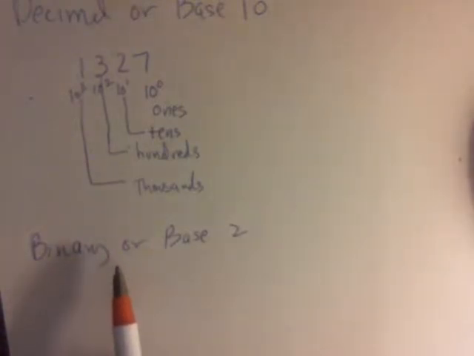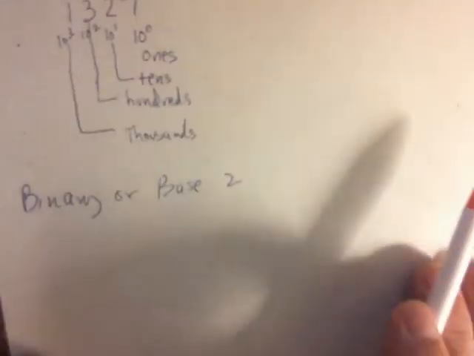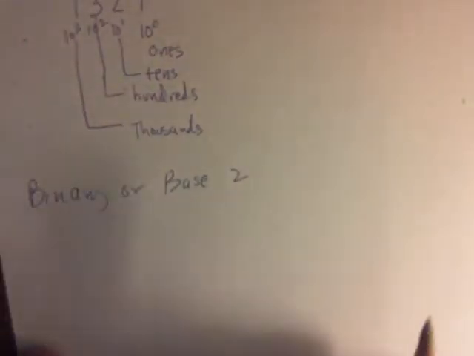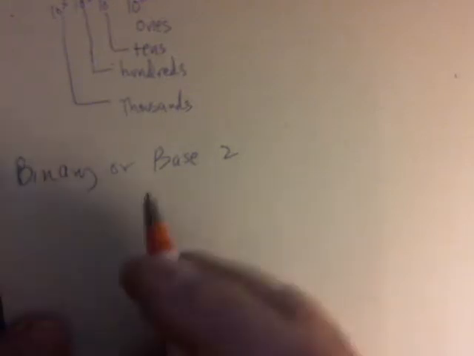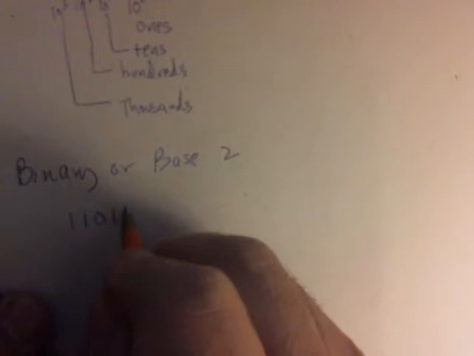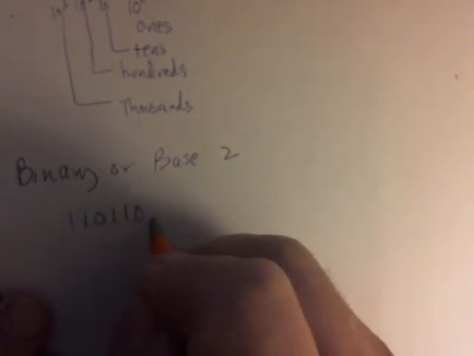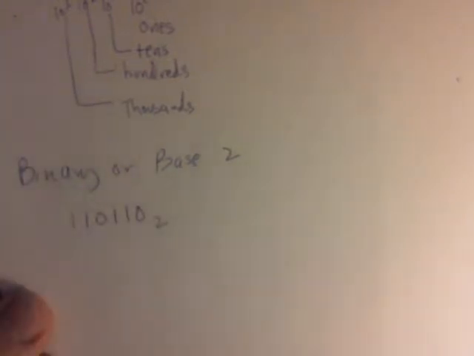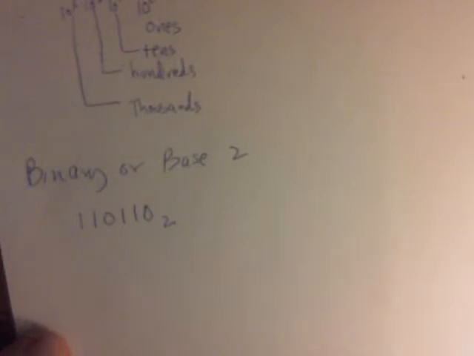Now, they use binary in a lot of computer programming and in circuits for on-off switches, things like that. And so if you just wanted to know, that's why they do this. But a binary number might look something like this. They're going to put that little 2 down there just to tell you it is base 2.